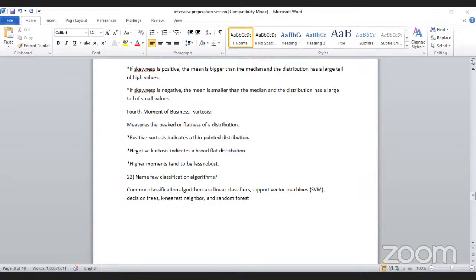So your next question is, list few unsupervised learning models.